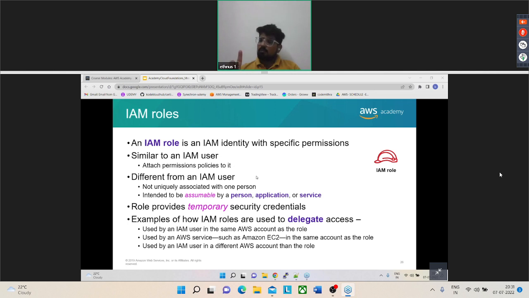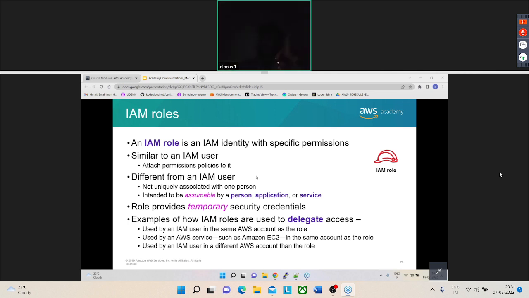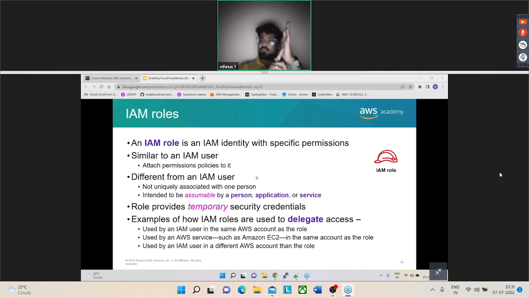So these are the temporary security credentials. Suppose you are trying to access one S3 bucket from EC2 using an IAM role. I created one IAM role for the EC2 machine so that the EC2 machine can access my S3 bucket. So there, I have created temporary credentials with roles.